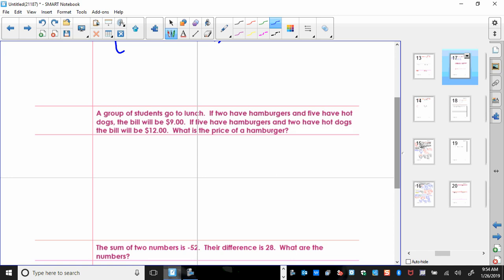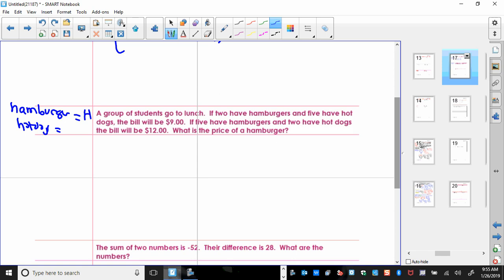Okay. Now, a group of students go to lunch. If 2 have hamburgers and 5 have hot dogs, the bill will be $9. If 5 have hamburgers and 2 have hot dogs, the bill will be $12. What is the price of a hamburger? Don't have to answer that question, but we're talking about hamburgers and hot dogs. Okay, so we need variables here.